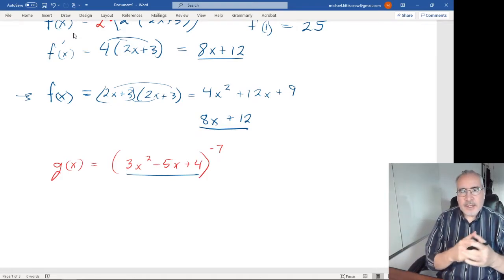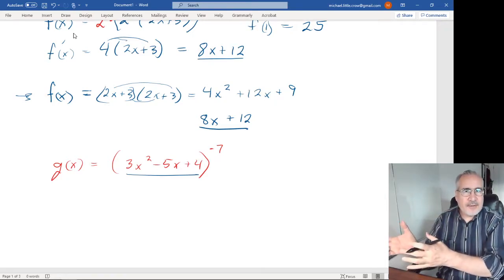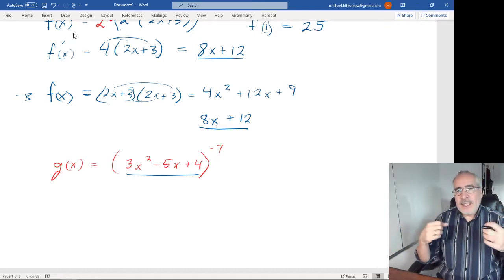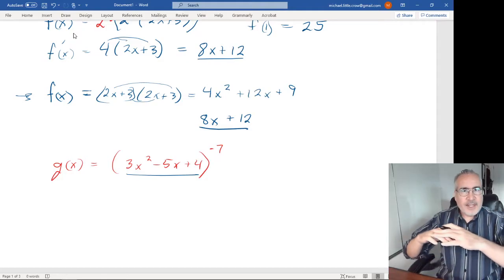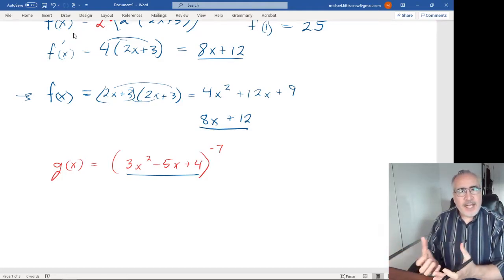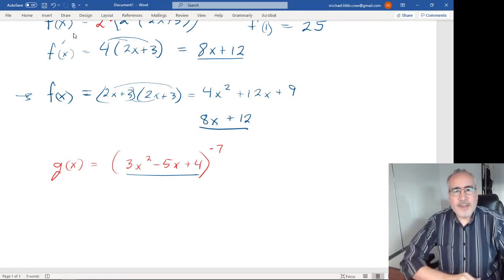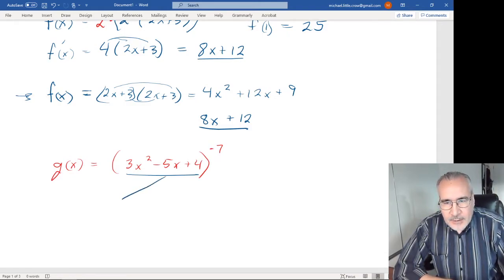Now when you read the book, the theory they went through and formalized it, they always take the outside function derivative first, and then they multiply by the inside function. That's what maybe makes it a little difficult to learn, is once they dressed it all up, they lost the impetus of how we really do this. We really start from the inside first. So for these examples, I'm going to try to keep it where we take the inside derivative first, and we'll put it up front. So whatever's in here, let's take its derivative.